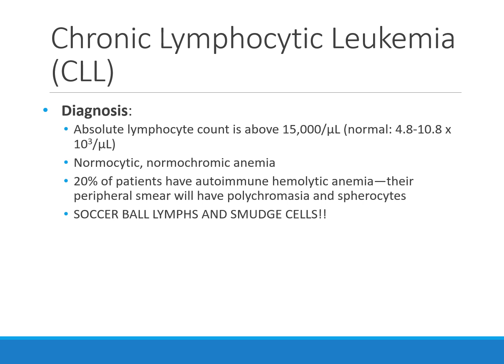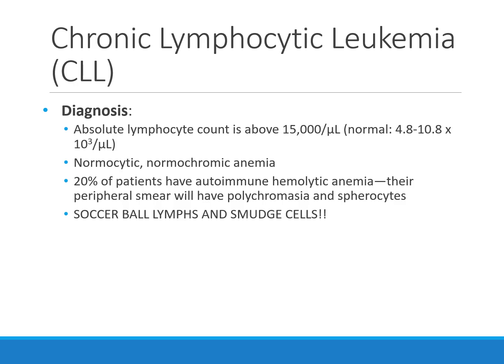We're going to see a normocytic normochromic anemia. So again, we would have a normocytic normochromic anemia because there's nothing wrong with the red cells that are being produced, but fewer of them are being produced because of that lymphoproliferation that's happening in the bone marrow. There's just not enough room and all of the healthy cell lines are being crowded out.